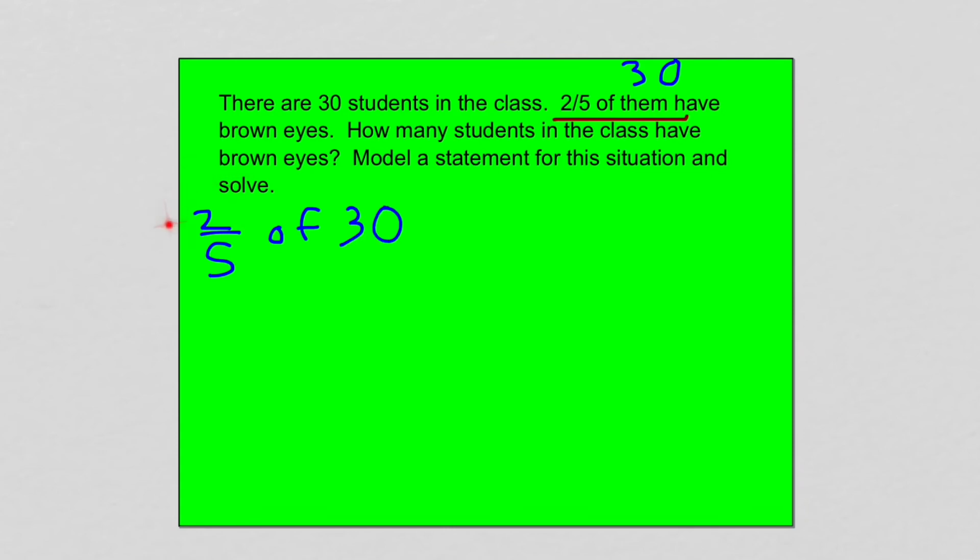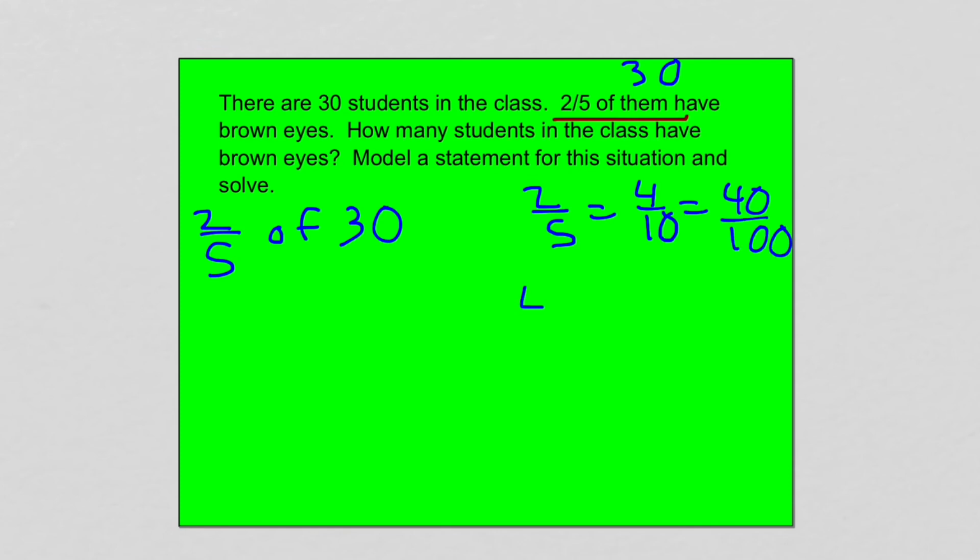Now, take a look at this 2/5. Let's think back to our last unit. Could we make that into a percent? Absolutely, we could. I'm going to do this over here. 2/5 means 4 over 10. And that means 40 over 100.